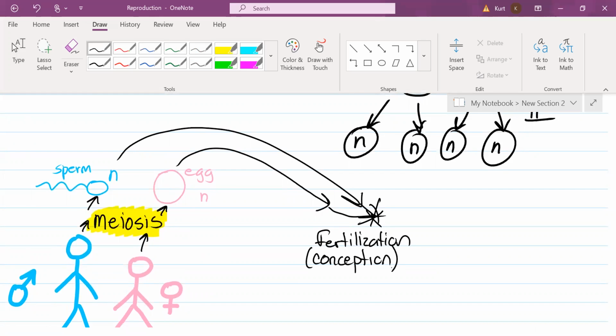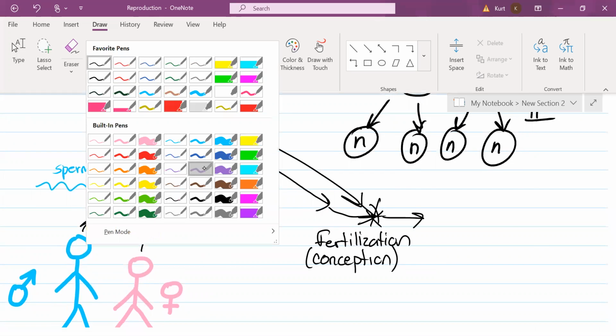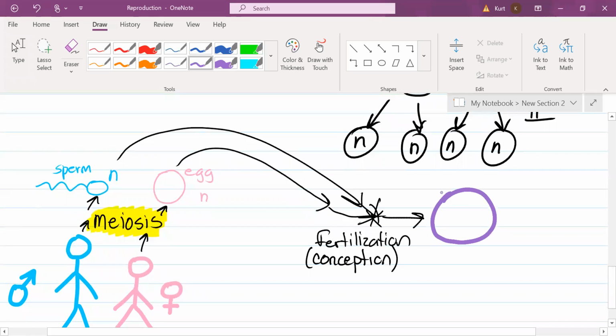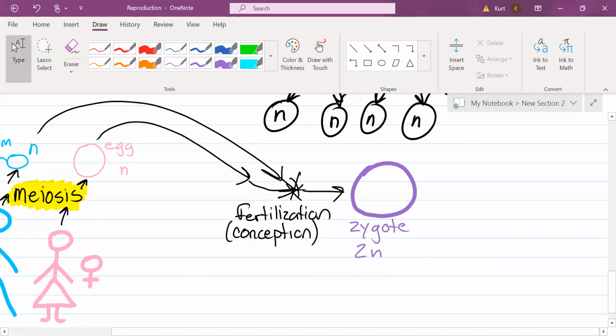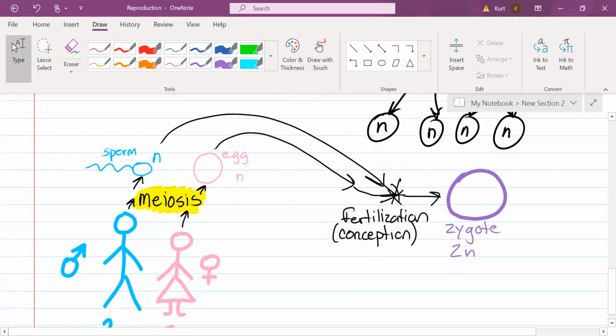And so 23 fuses with 23, half of mom, half of dad makes all of you. And this is going to result in a fertilized egg, which we call a zygote. A zygote is diploid. You all used to be a zygote. A zygote is a fertilized egg. It's just one cell.